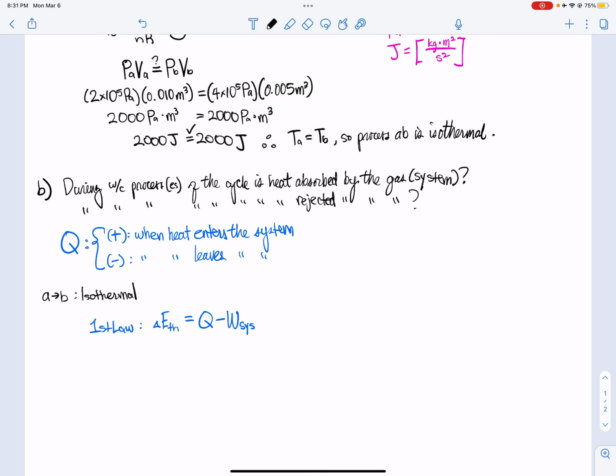Remember, in an isothermal process, there's no change in temperature. So delta E_th would be 0. That's a change in thermal energy, which would be 0 if there's no change in temperature, right? So therefore, Q would be equal to work done by the system.